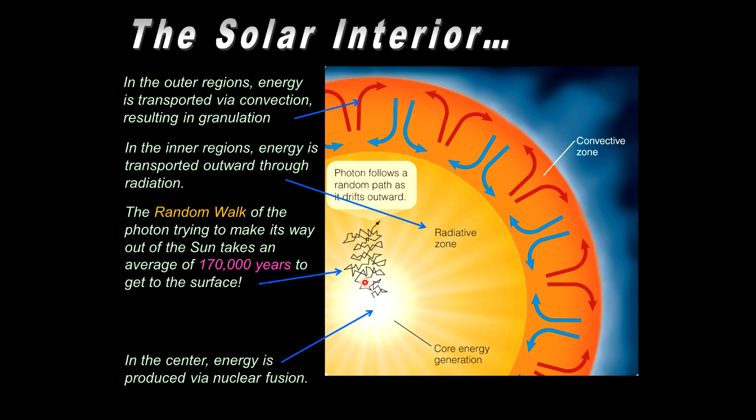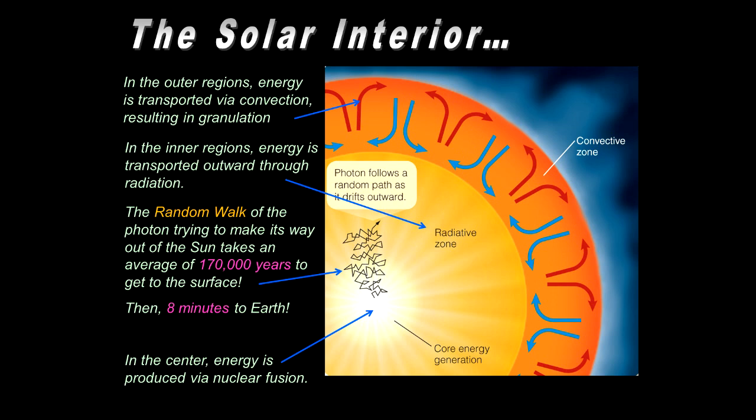The walk of the photon through the inner portions of the sun out to the convective zone can take a myriad of paths, any of a potential infinite number of paths. And statistically, this happens so many times, and the photons are emitted in so many different directions in the process, that on the average it literally takes 170,000 years for a given gamma ray to make its way to the surface, and then 8 minutes at the speed of light to strike the surface of the Earth.